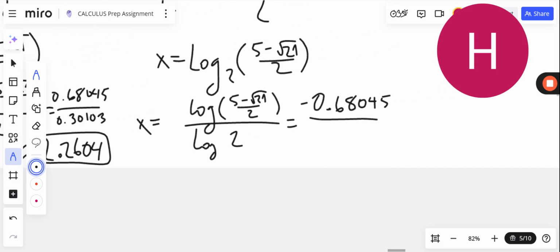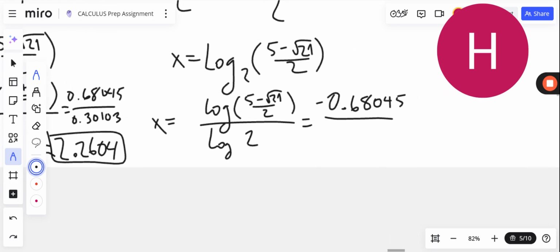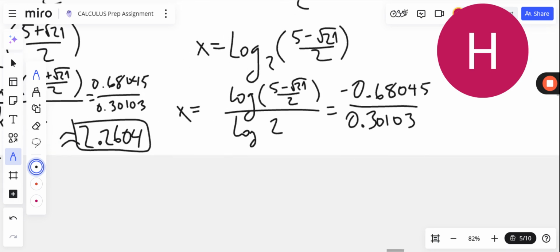That is pretty interesting, that the log of 5 minus root 21 all over 2 is the negative of the log of 5 plus square root 21 all over 2. Anyways, we're going to divide this by log of 2, which we have from the other calculation, 0.30103. And therefore, I know that I'm just going to get negative 2.2604.